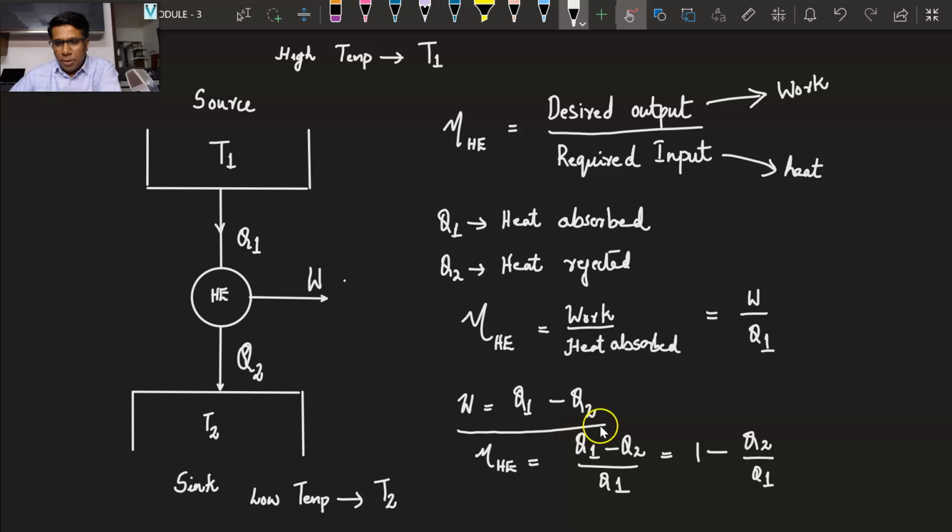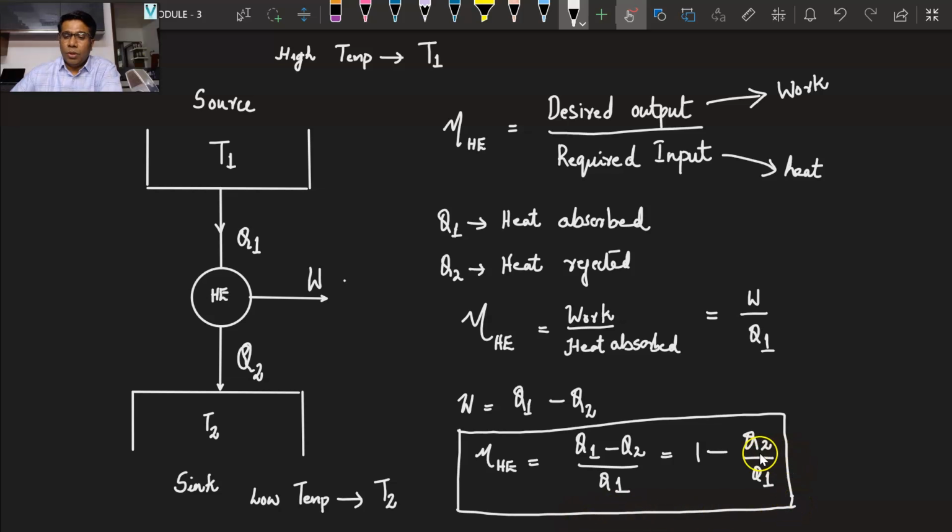Now this is the fundamental equation that we can use for a heat engine when we know the heat absorbed and the heat rejected. Now this can be written as 1 minus T2 by T1 in the case of a reversible cycle or a reversible heat engine, and this will be proved by the thermodynamic temperature scale. But this is also a very useful equation that can be used for any reversible heat engine.